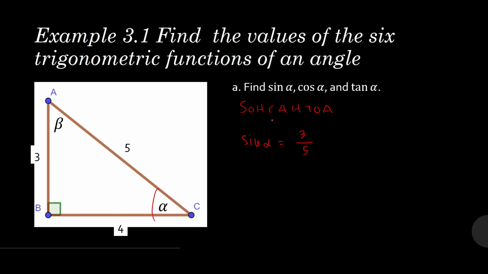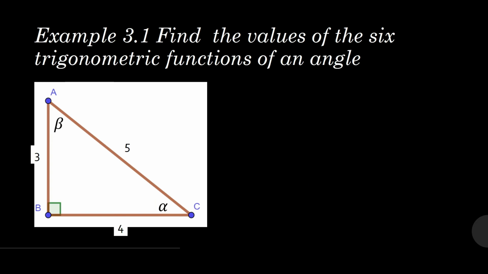And then let us look for cosine. Cosine of alpha is equal to the side adjacent. This is your alpha, so your side adjacent is 4 over, again, the hypotenuse, which is 5. And tangent of alpha is equal to the side opposite, 3, over the side adjacent, which is 4.